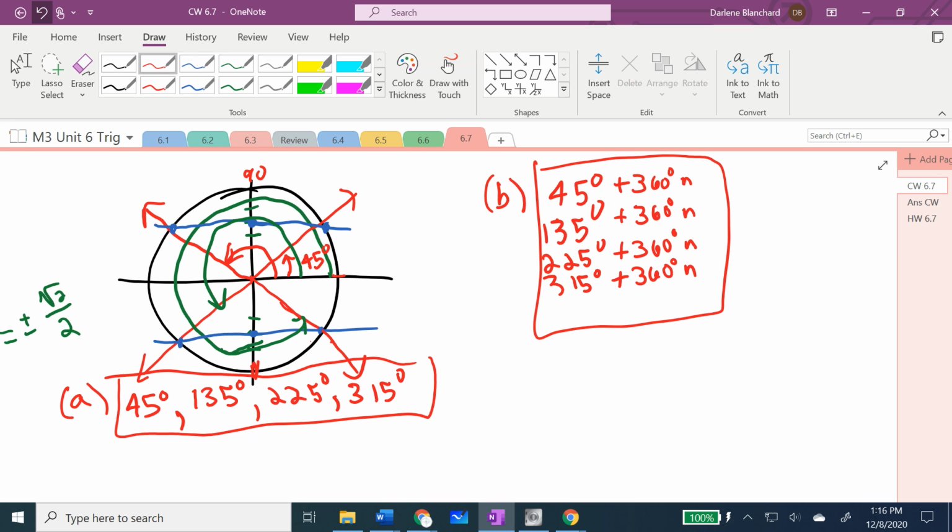Then when you feel strong enough, you can go ahead and simplify further, because with this problem, if I start at a 45-degree angle, I will reach all other angles by adding 90 degrees any number of times that I want.